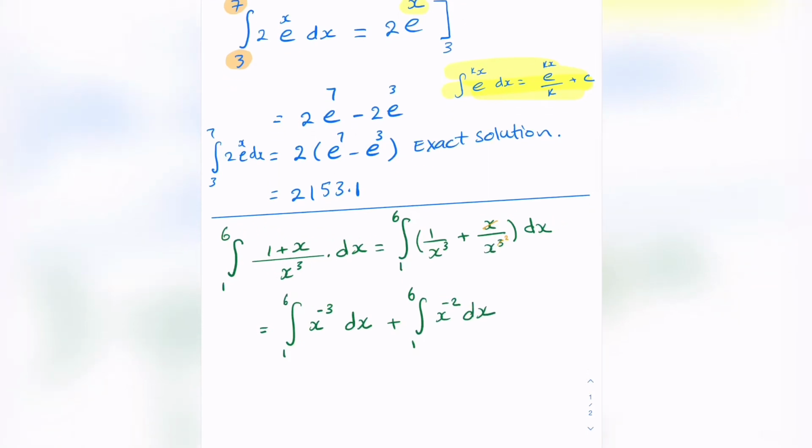Okay, and then even you can write it down just like that as well, from 1 to 6 for x to the power minus 3 plus x to the power minus 2 all dx. Yeah, I think that's better for you here. So you don't need to do two separate integrations.